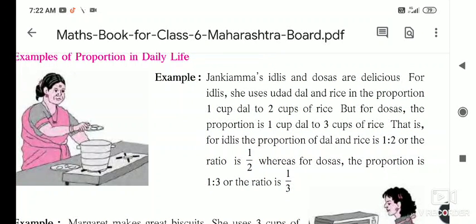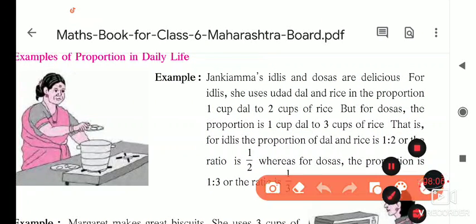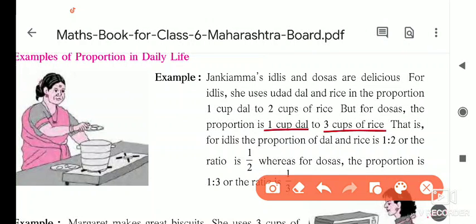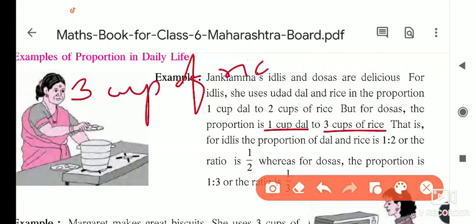But for dosas the proportion is different. The proportion is 1 cup of dal to 3 cups of rice. So if she is taking 3 cups of rice, then she is taking 1 cup of urad dal for it.